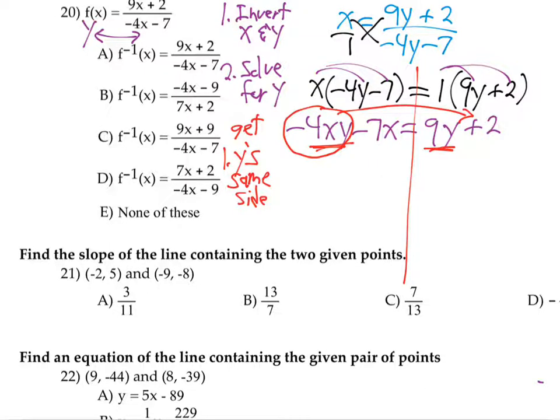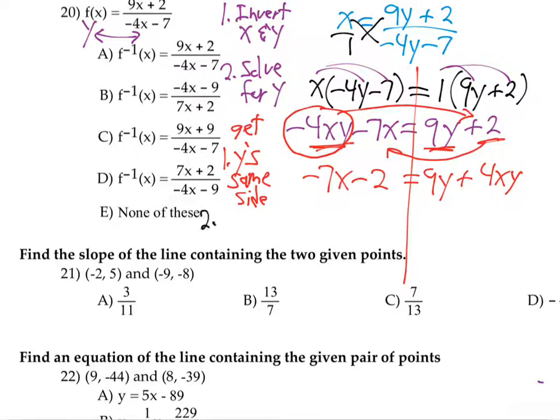So I'm going to go to the right side. So 9y. Now remember, when things jump over the equal sign, they change their sign. So that'll become a plus 4xy. And then this 2, I'm going to jump it back here. So this will be minus 7x minus 2, right? That plus 2 jumps over, becomes minus 2. Okay, so get the y's on the same side.